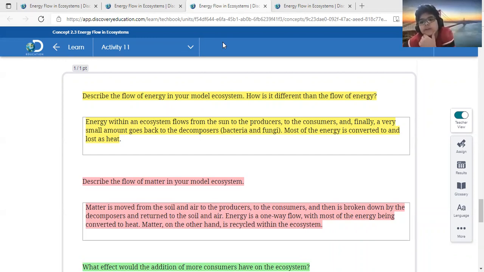Most of the energy is converted. Converted means changed. Most of the energy is converted and lost as heat. Okay, thank you.